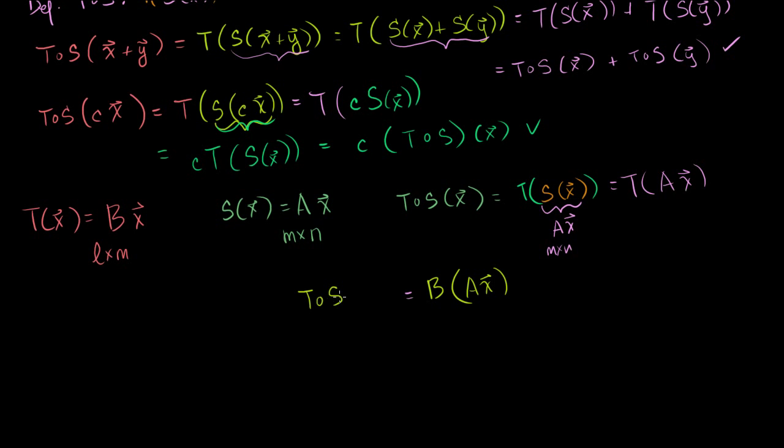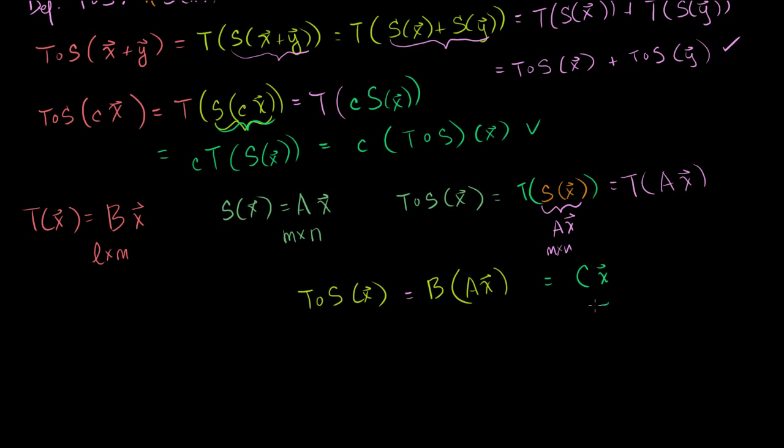The composition of T with S applied to the vector X, which takes us from the set X all the way to the set Z, is this, if we use the matrix forms of the two transformations. Now, at the end of last video, I said I wanted to find just some matrix that if I multiply it times this vector, is equivalent to this transformation.